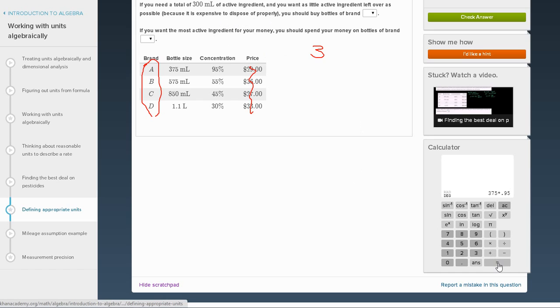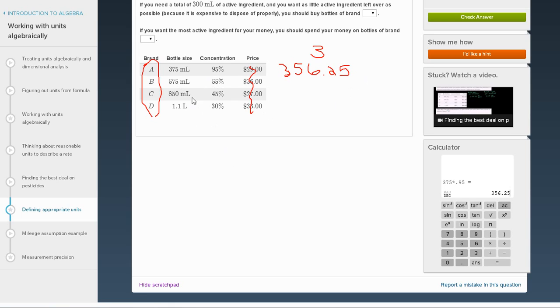So let's see how much total active ingredient brand A is going to give me. Brand A gives me 356.25 milliliters of active ingredient. Not close, but I need 300 and I'd have 56.25 extra.